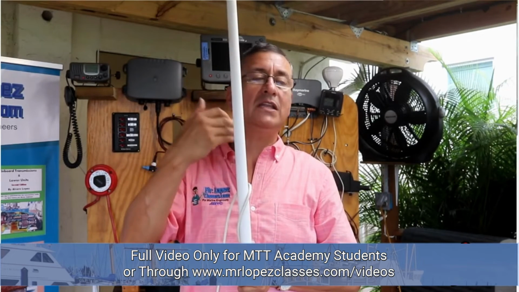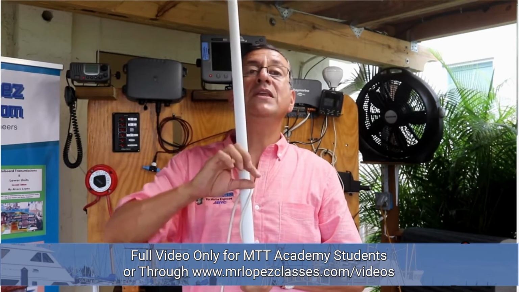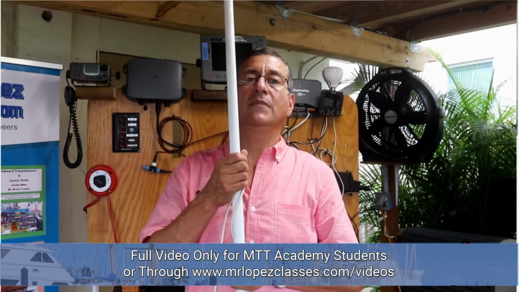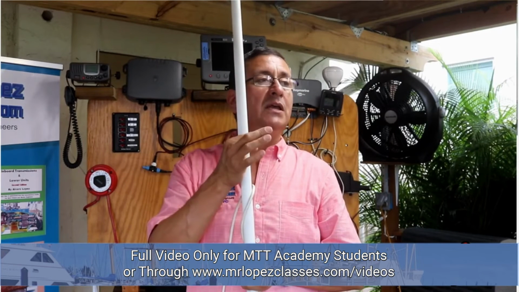That excessive amount of static electricity accumulated on the pole should be drained to the grounding plate, and the grounding plate into the bonding system, and the bonding system into the sea. If you drain constantly that excessive amount of static electricity, the transmission is excellent. The communication is better. It's simple.